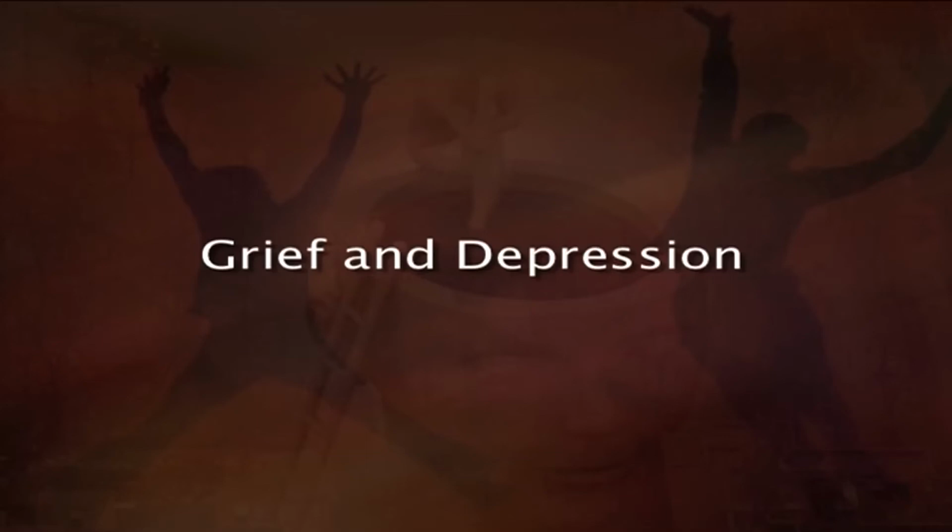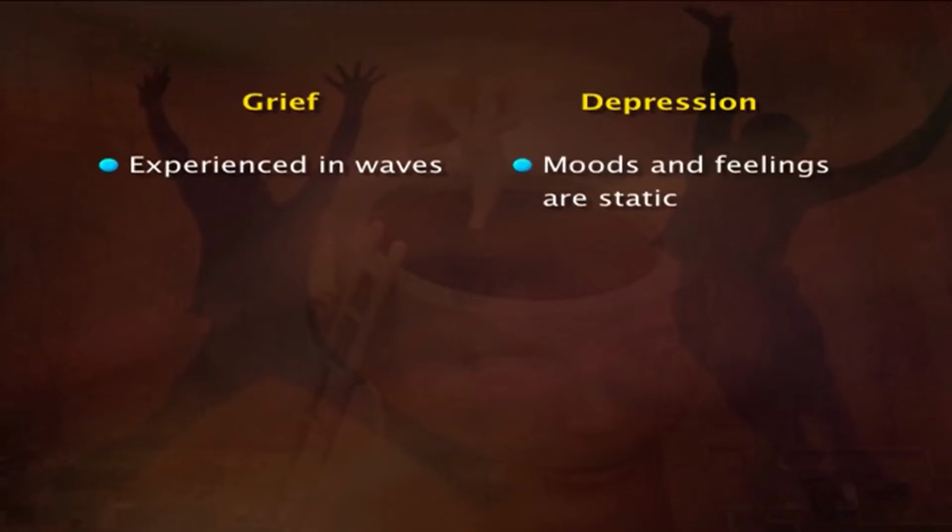So, before that let us see how to differentiate between grief and depression. Now, all of us know that depression is a pathological condition, and the response to grief also seems to be closely related to the symptoms of depression. How to differentiate between the two? Grief is experienced in waves, whereas in depression the moods and feelings are static.